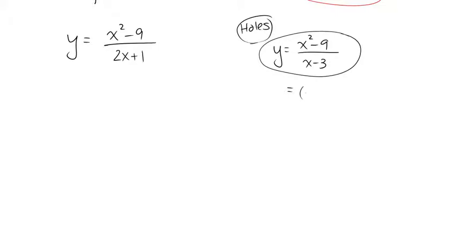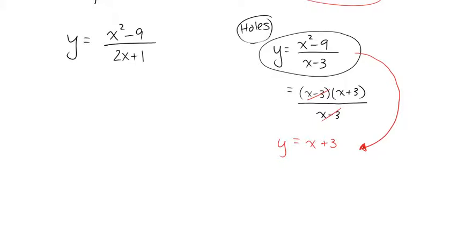We know x squared minus 9 can be factored into x minus 3 times x plus 3, because it's a difference of squares, and the bottom was x minus 3. So we could cancel those out, and our equation would just be y equals x plus 3. What's crazy is it started out like that, and then it ended up like that.